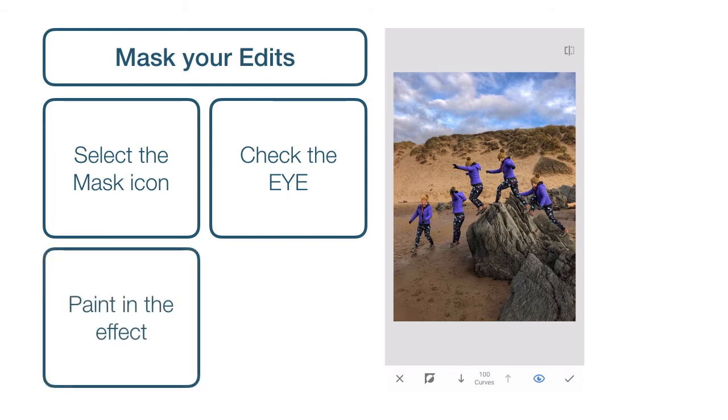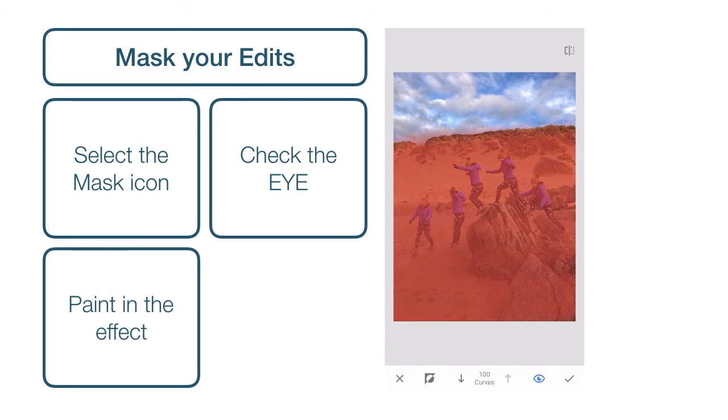I'm going to paint in the lightning effect of this particular curve's edit just on the lower part of the image, as I don't think the sky needs any further lightning. Once we're done, we can tap the eye icon again to see how it's looking.